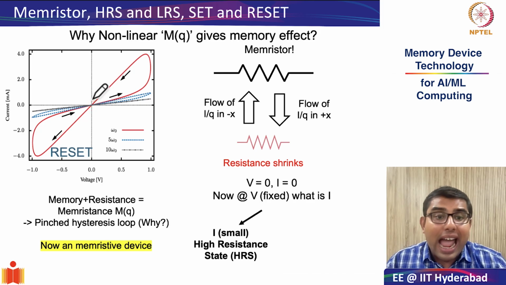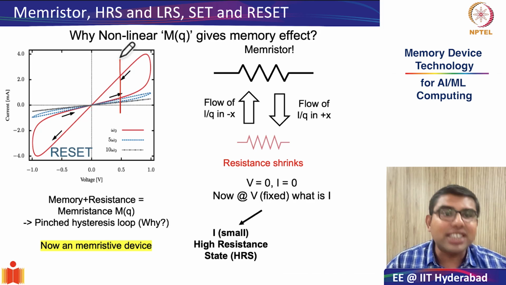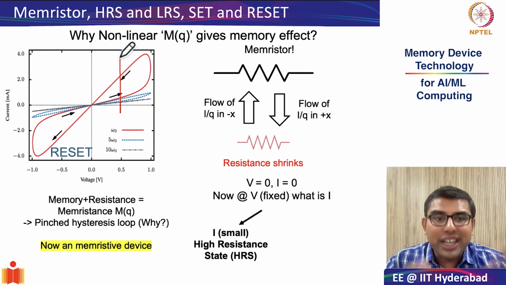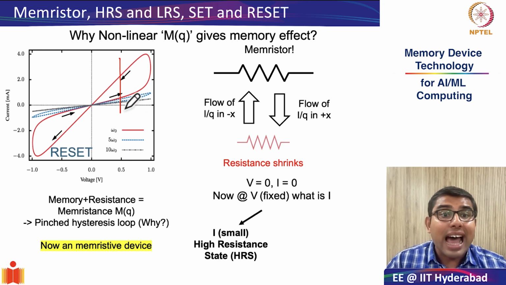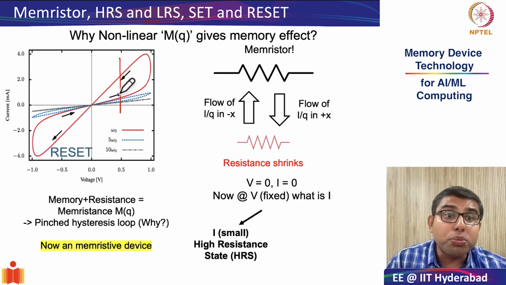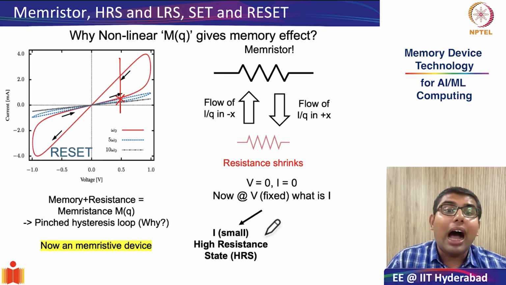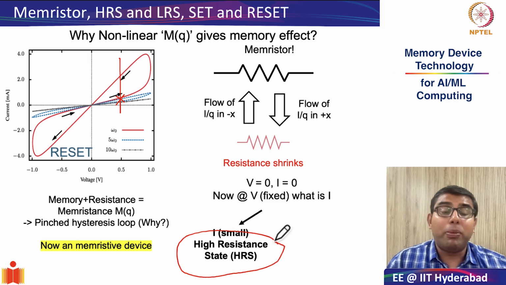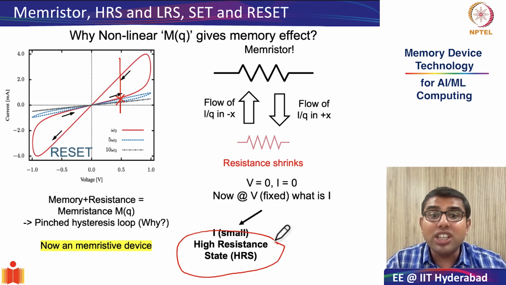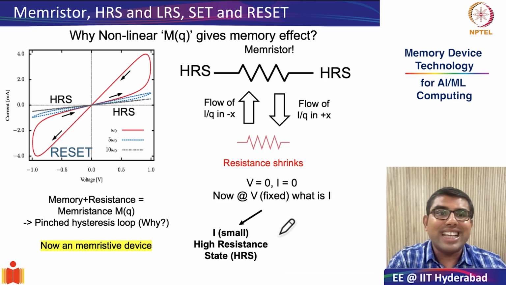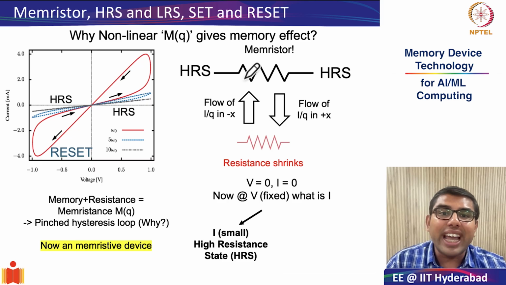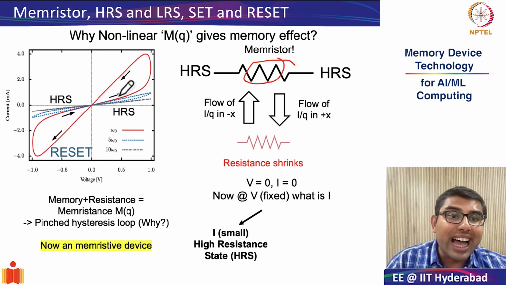However, as we discussed, at a fixed V, you can have two conditions. One is I is small. If I is small, it means it is in the high resistance state. Please note these terminologies very carefully. So this is the memristor in high resistance state. How do you know it is in high resistance?